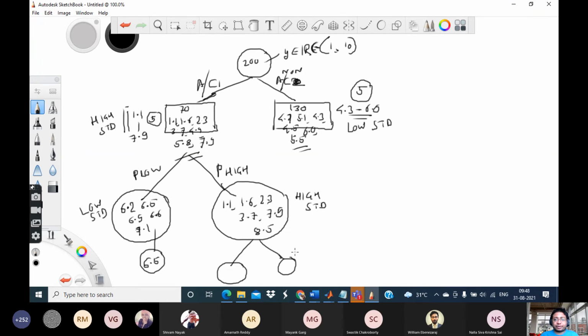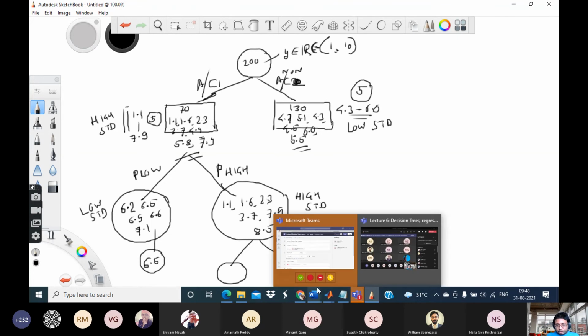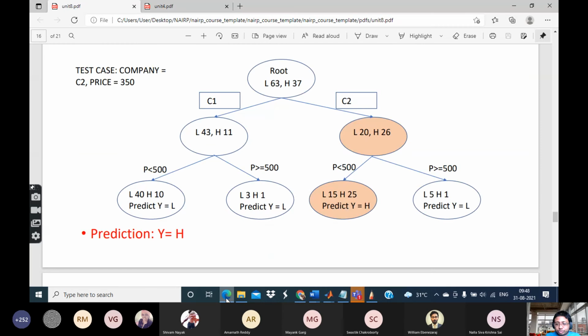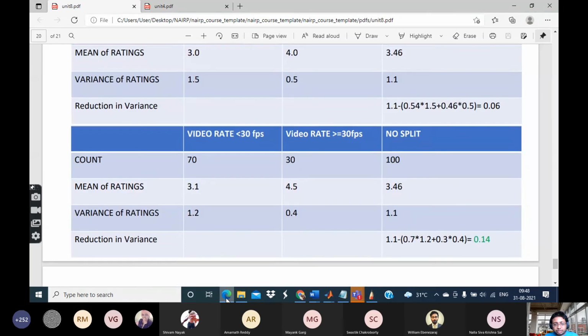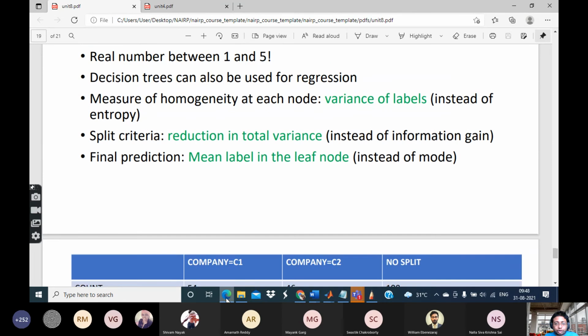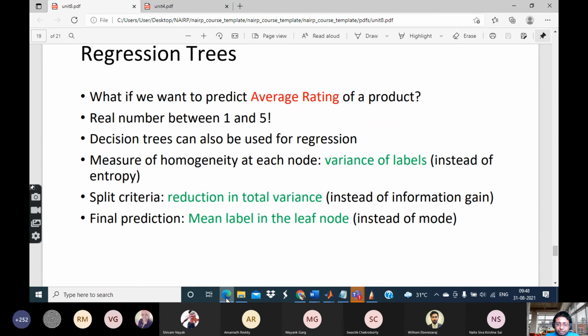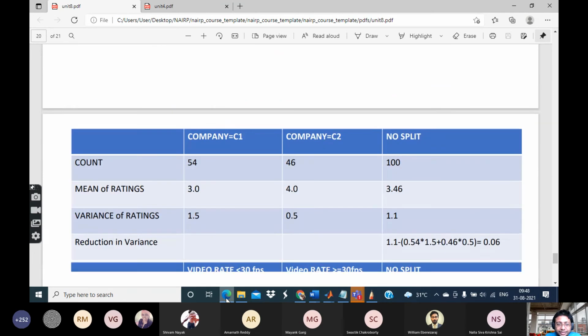Okay, so basically this is the way in which you can use this concept of decision trees for regression also. This is the way in which we can use the decision tree both for classification as well as regression.